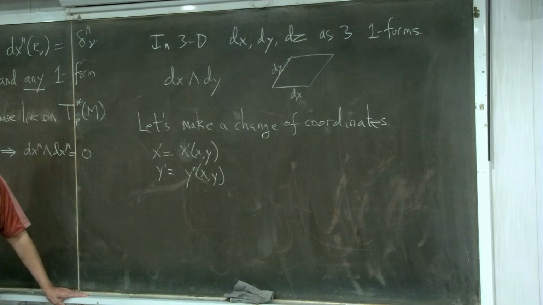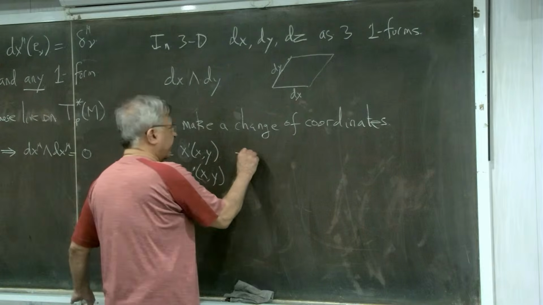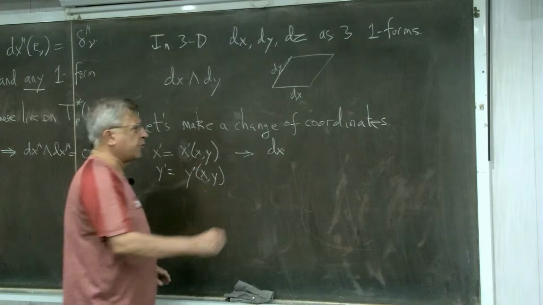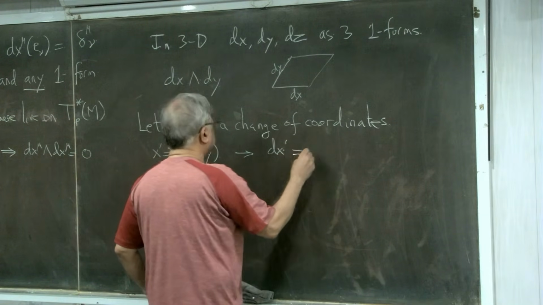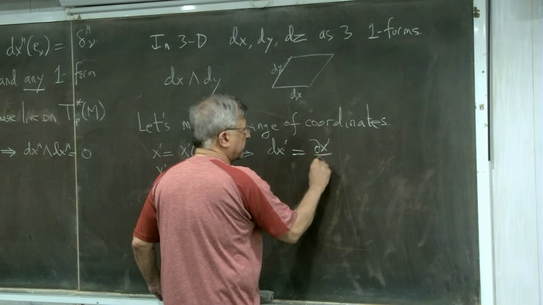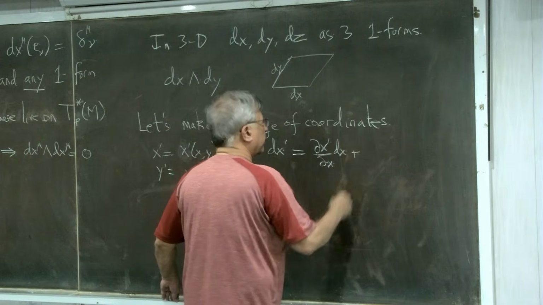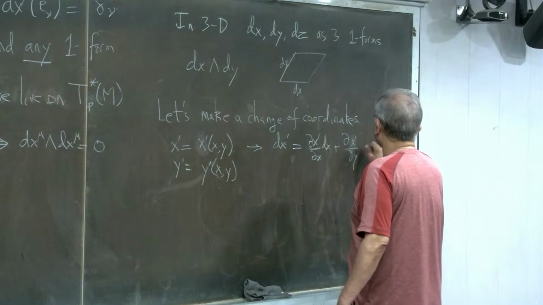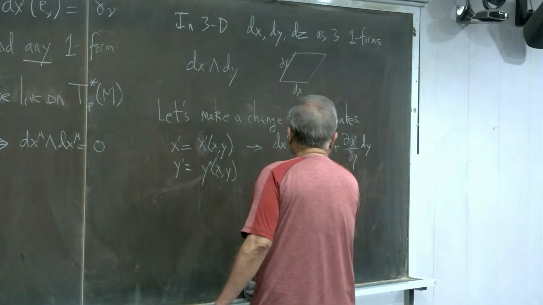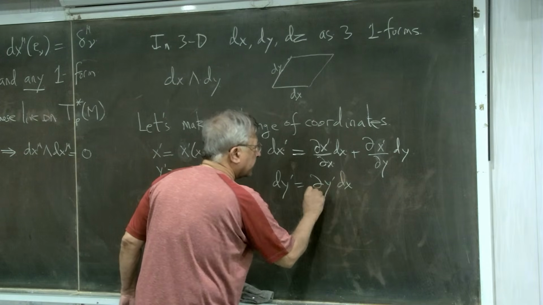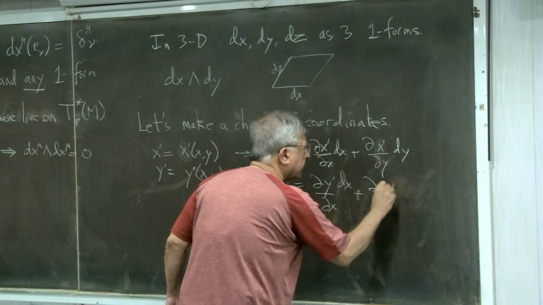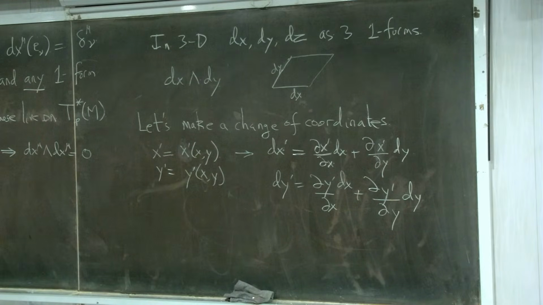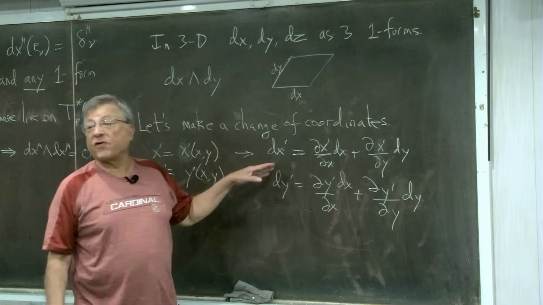So if you were to do simple calculus, this one over here will tell you that when I make a small change in x and a small change in y, then the small change dx prime will be, and similarly dy prime will be, now this is from ordinary calculus.